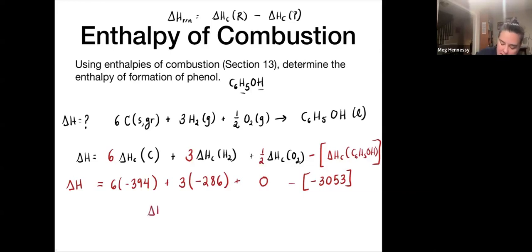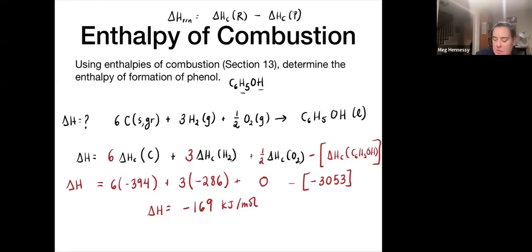Anyway, the delta H here is going to be the sum of all of these values with the correct signs. And as long as I haven't made any silly typos, I hope that we all get minus 169 kilojoules per mole. And so we just solved for the delta H of formation of phenol.